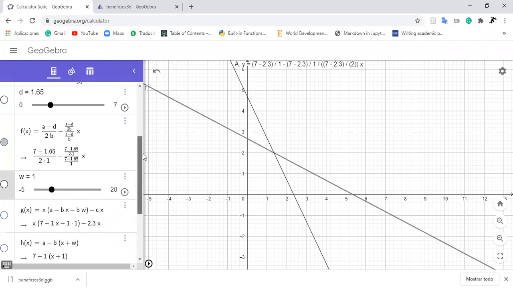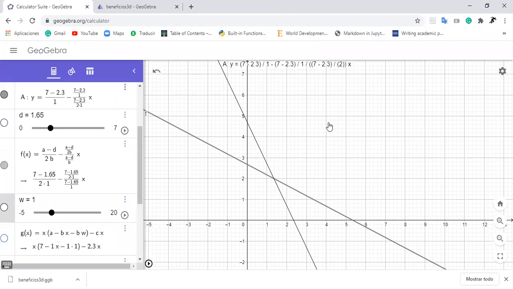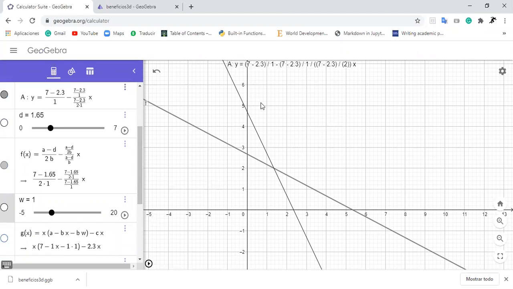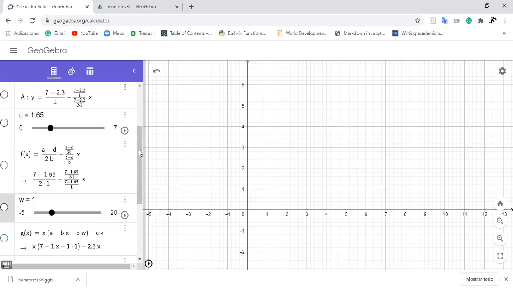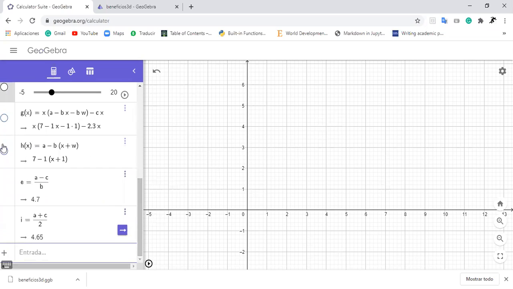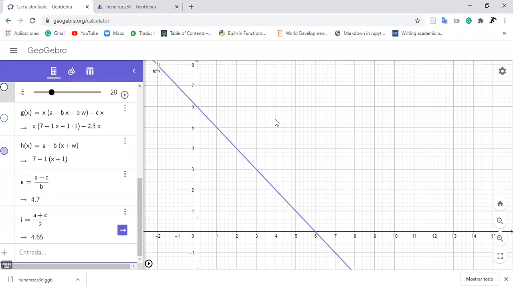Okay, at this screen, what we have are these two reaction functions. But first, before these functions, we have this demand curve. So first of all, we have to analyze this demand curve. Remember, in all the demand curves, we have two variables in each axis.